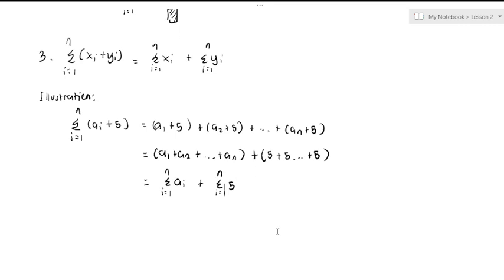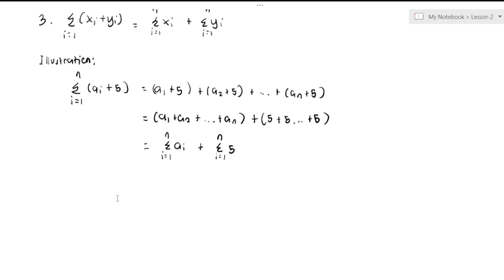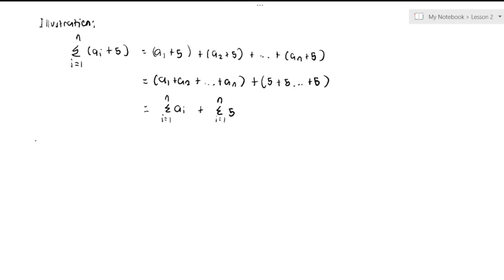Okay? So, as you can see, kamukha na siya nung nandito sa property number 2. So, let's have our general proof for this property. Let's have summation of x sub i plus y sub i, i equals 1 to n. So, this is x sub 1 plus y sub 1 plus x sub 2 plus y sub 2 plus and so on up to x sub n plus y sub n.